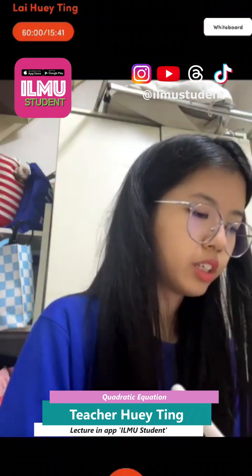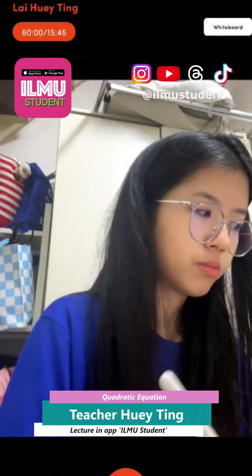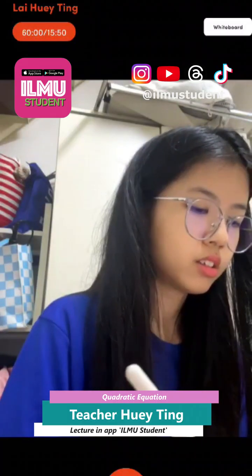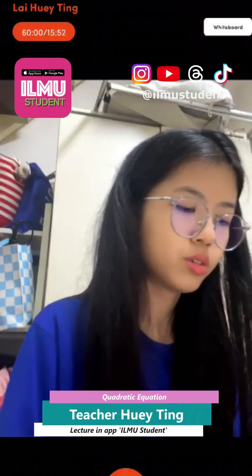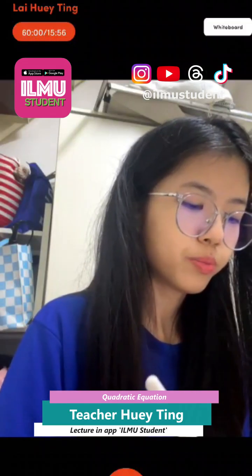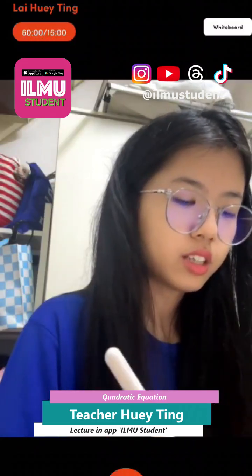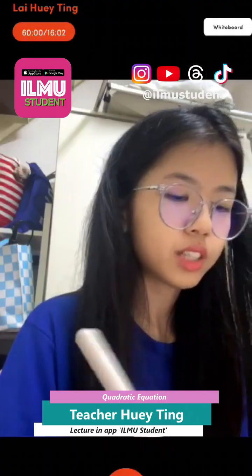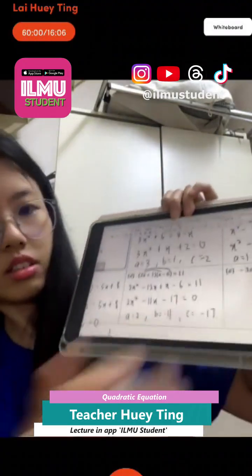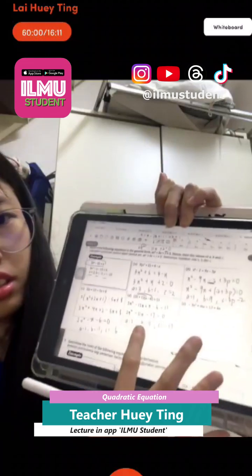And then we arrange it: 2x squared minus 11x minus 17 equal to 0. So we can get that a is equal to 2, b is equal to negative 11, and c is negative 17. So we can get this answer. Can see that?